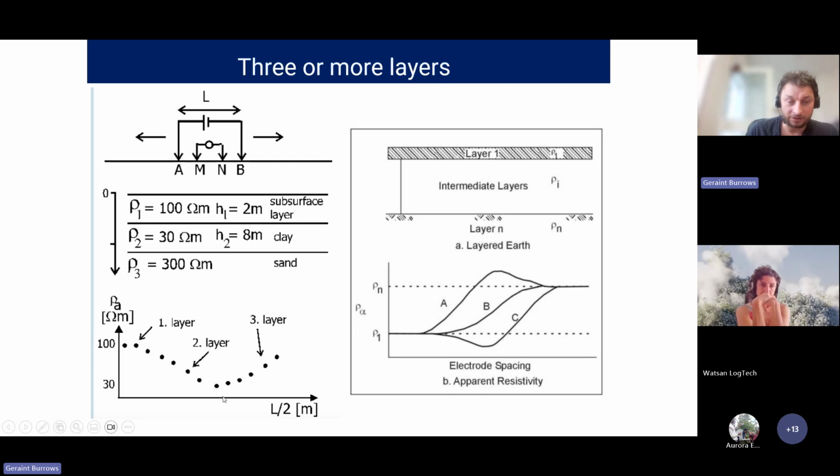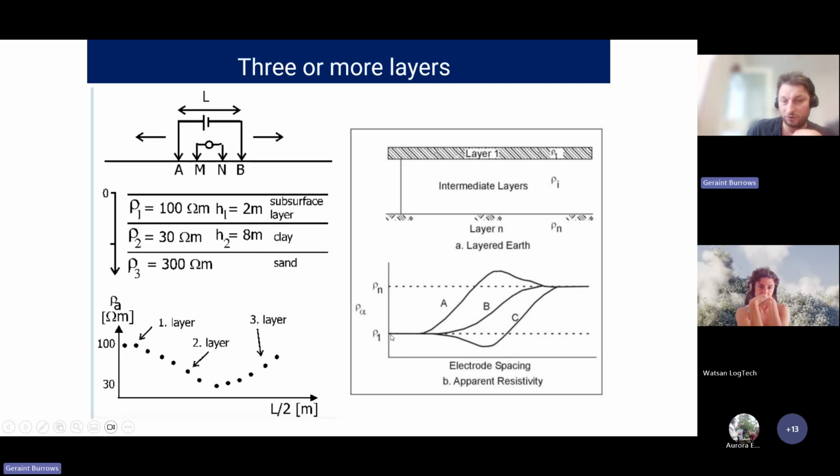But actually, at a certain depth, we then interact with a third layer and the curve changes again. And so we have this kind of shape. And these three-layer systems can be shaped in different ways.